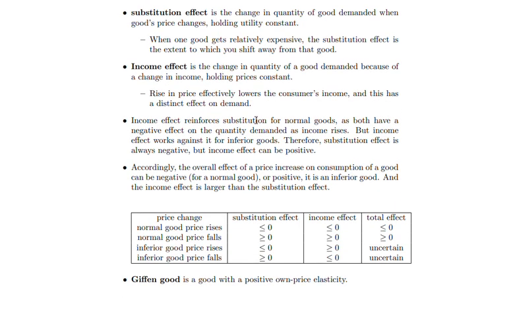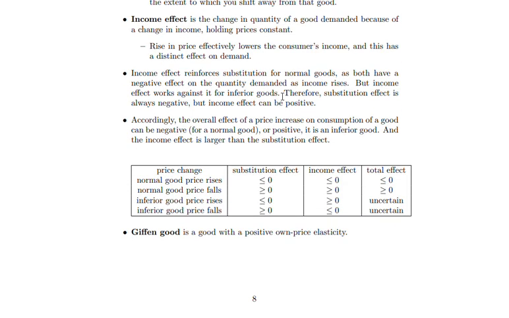The income effect is the change in quantity of goods demanded because of a change in income, holding prices constant. A rising price effectively lowers the consumer's income, and this has a distinct effect on demand. The income effect reinforces substitution for normal goods, as both reduce the quantity demanded.